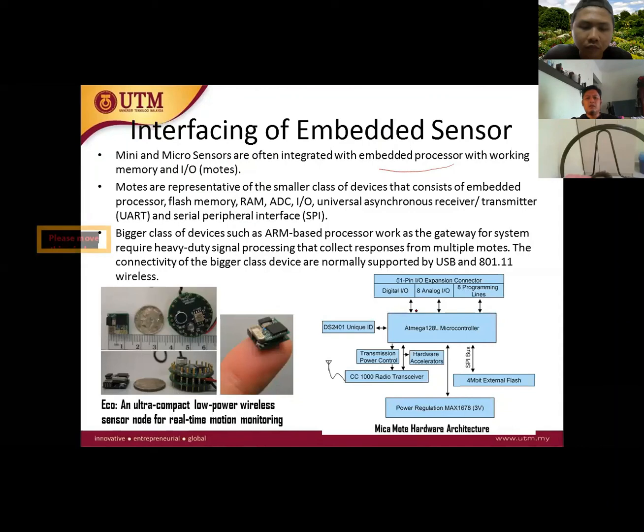For example, in this system we have an ATmega processor, and also input and output, memory or RAM, an analog-to-digital converter, and it must have communication or interface capability, like UART and serial peripheral interface, or SPI. Some embedded sensors also have the capability to perform wireless connection.